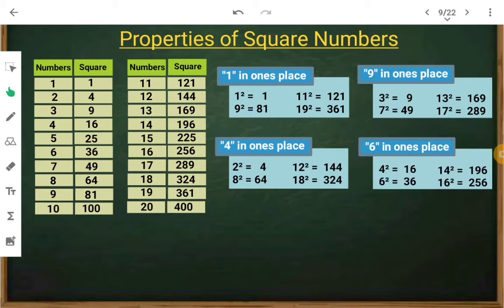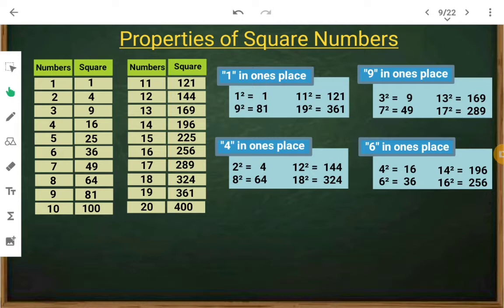Yes. And now 4 and 6. 4 square is 16, 6 square is 36. Same as 14 square is 196. 16 square is 256. Here we have 6 in the ones place.